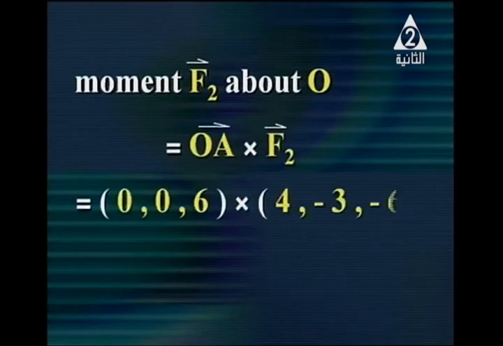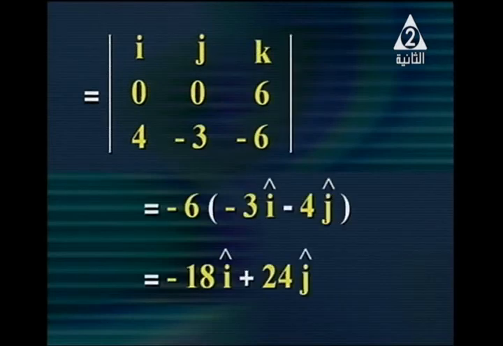Moment of F2 about O equals OA cross F2. By the same method, OA vector equals what? 0, 0, 6 cross 4, negative 3, negative 6. By using the determinant, i, j, k in the first row, 0, 0, 6 in the second row, 4, negative 3, negative 6 in the third row.